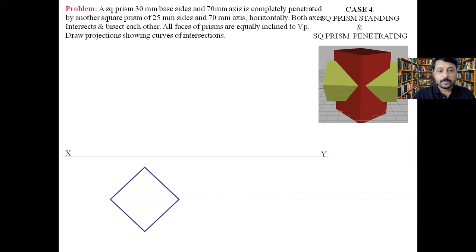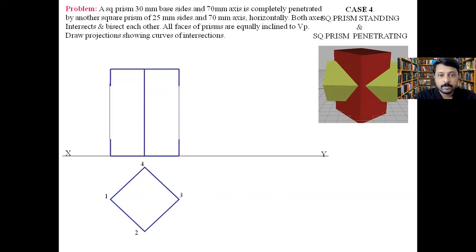Okay. Now this is how we have drawn the top view of the square prism, which is the standing one. Now mark these 1, 2, 3, 4 and get the projection and complete the front view. Now if you see the front view, we got one line, two lines, three lines, which are visible. Though these lines which are drawn with less thickness are not completely visible because there is a penetration.